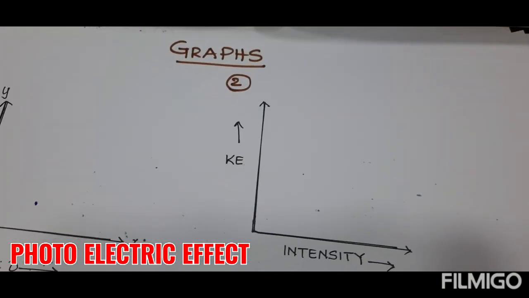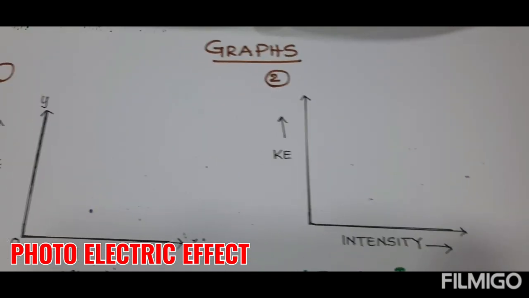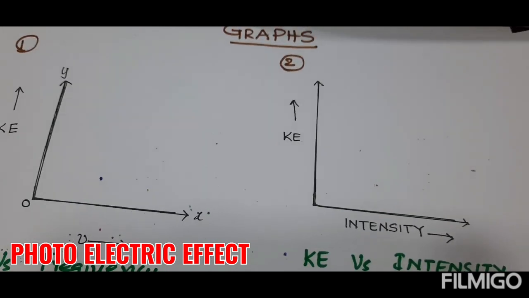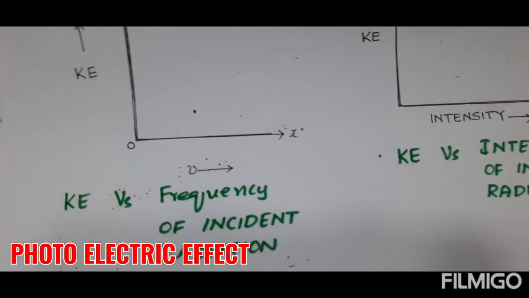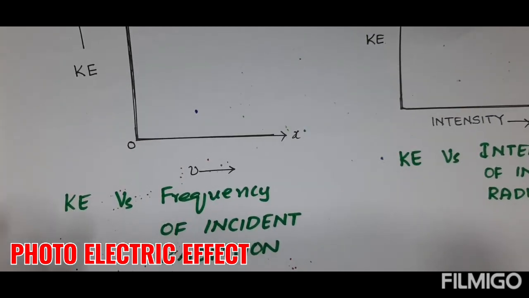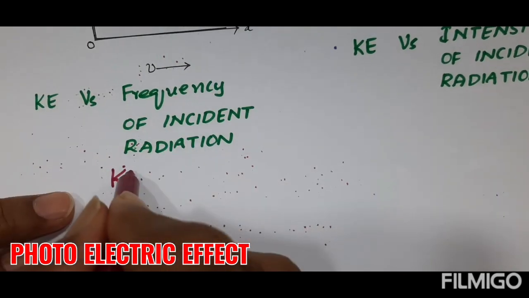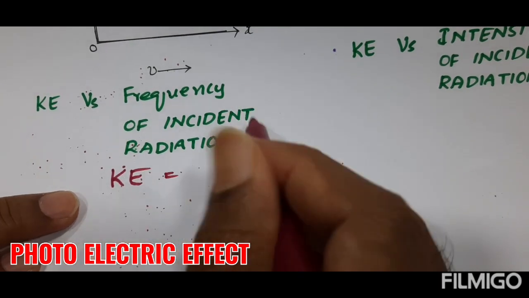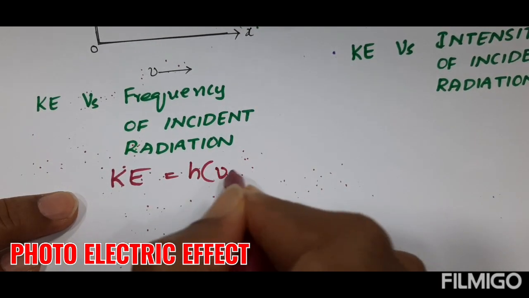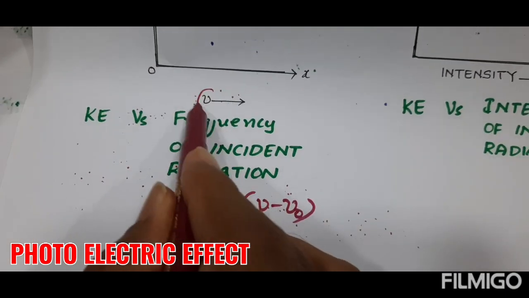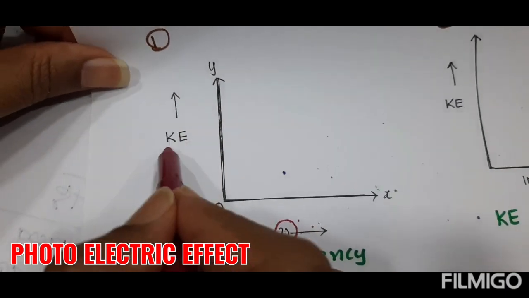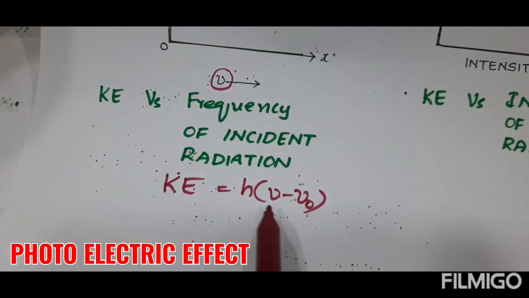Come to the graphs. Very simple, students. Kinetic energy versus frequency of incident radiation is asked. What is the formula? Ke is equal to h into nu minus nu naught. This is the relation. So here we take the nu value and here we take kinetic energy.